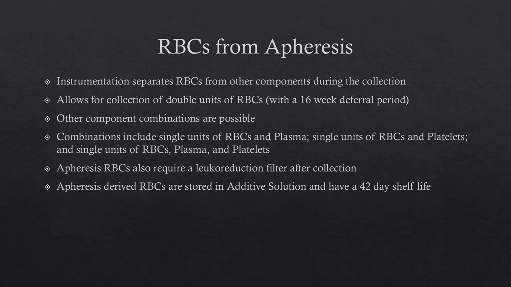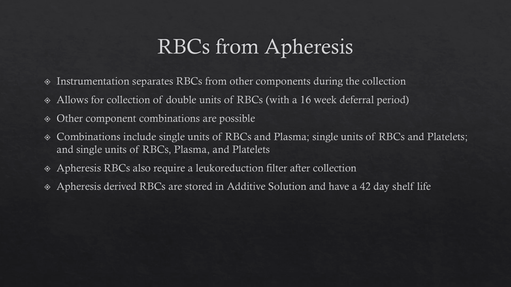Normally, you have to wait 8 weeks. If you do a double red, then you have to wait 16 weeks before the next donation. But most people don't donate every 8 weeks, so a double unit of red cells on an apheresis collection is usually a good idea.